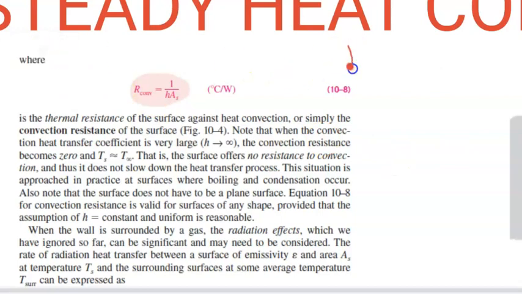Why is that so? Imagine the temperature Ts is 50 degrees, and the outside temperature T infinity is, let's say, 20.